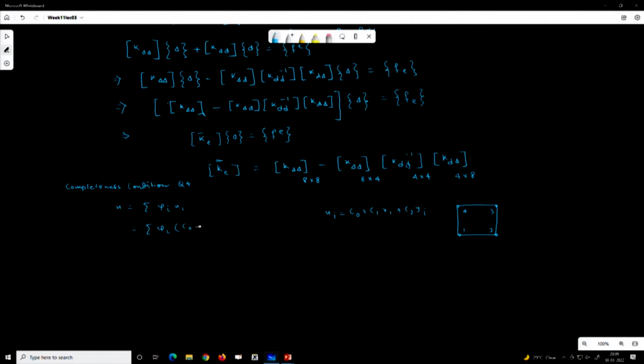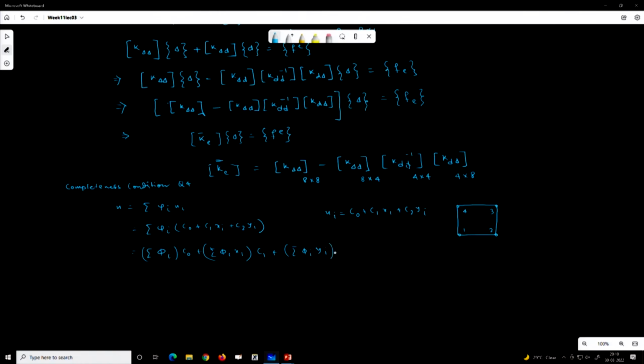So I substitute C0 plus C1 xi plus C2 yi, and take the constants out: C0 times summation of phi I, plus C1 times summation of phi I xi, plus C2 times summation of phi I yi.